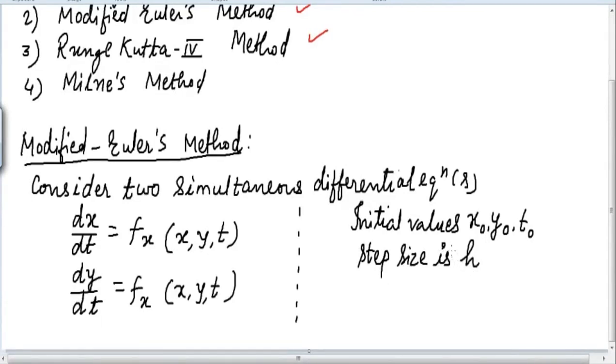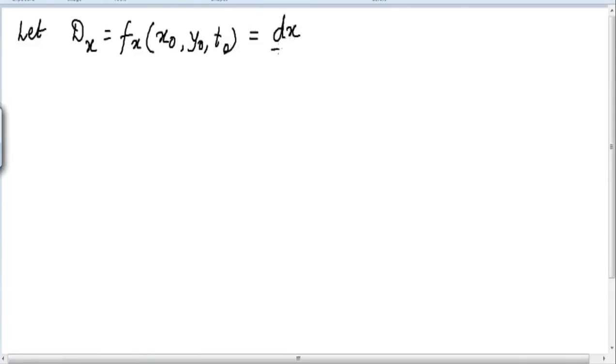So when we solve this equation with respect to the initial values, तो initial values से जब हम इसे solve करते हैं, तो let's say dx is equal to fx of x0, y0 and t0, and suppose this is dx by dt at 0.